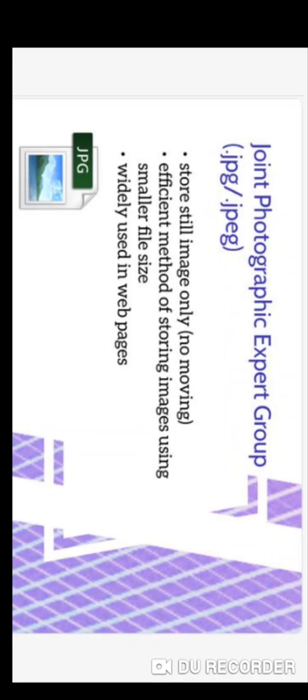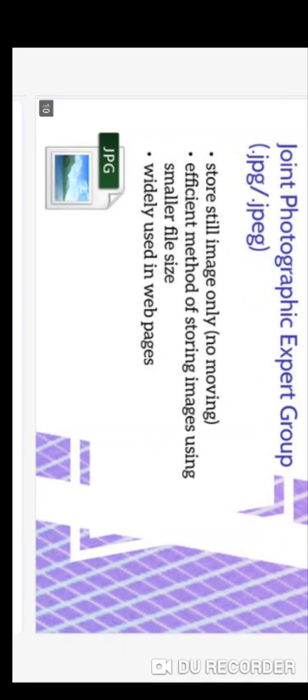This one stores still images only, no moving. For JPG there is no animation, please. And it is an efficient method of storing images using a smaller file size. Of course, it is also widely used in web pages because of the smaller size. And it looks like this, please. This is the icon for JPEG.